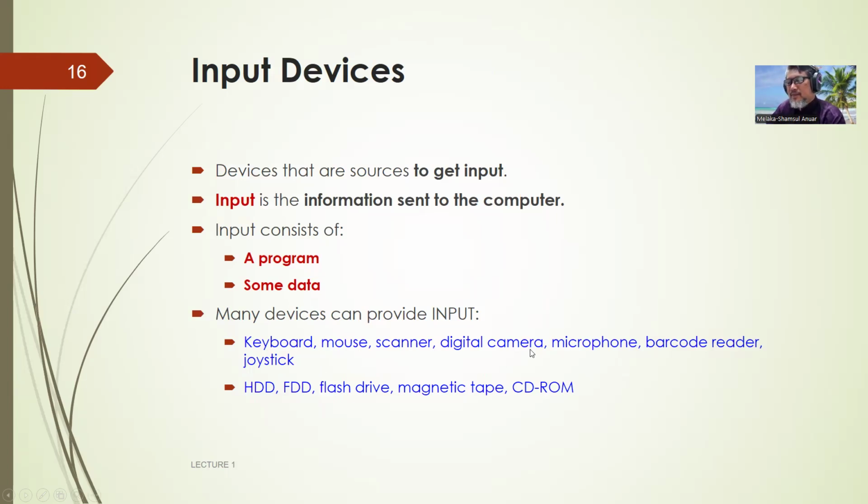So all the things that we can connect to the computer: a microphone, and I'm also using a webcam, a barcode reader, a joystick if you are into games, and also things that might be inside the box, internal, like the HDD, hard disk drive, floppy disk.